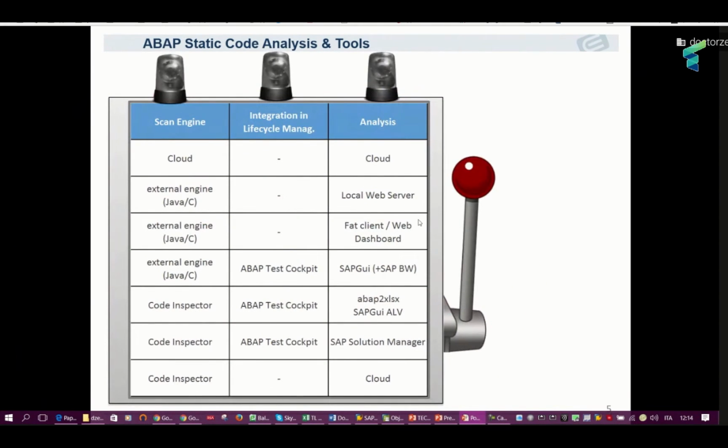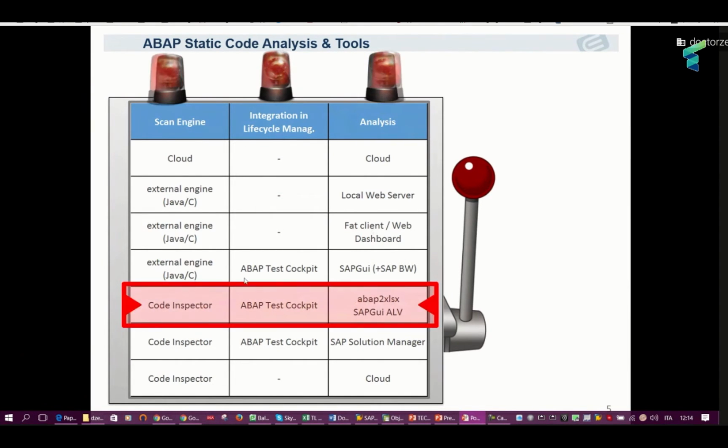With Zedge, like a slot machine, we have selected this combination. For the engine, we have selected the code inspector that is available from standard. We will see it well later. For the integration in the lifecycle management, we have selected ABAP Test Cockpit.